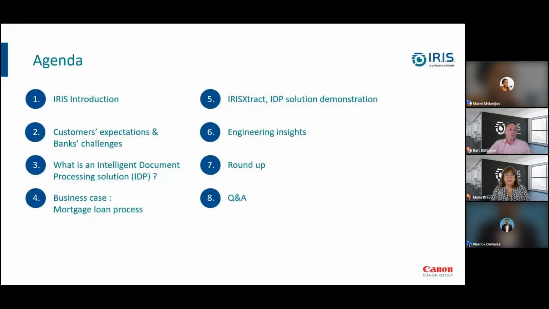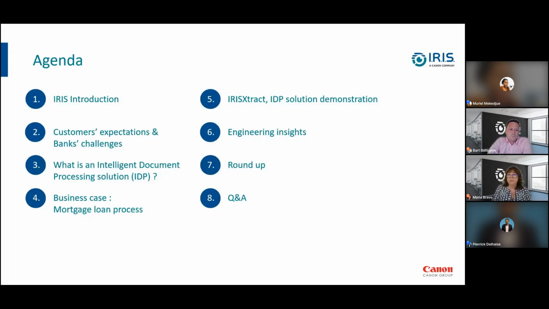So let's start with the following agenda: the Iris introduction. Before we explain how to speed up your business process, it's very important to have an overview of customers' expectations and banks' challenges. Iris offers intelligent document processing, but what is an IDP solution?